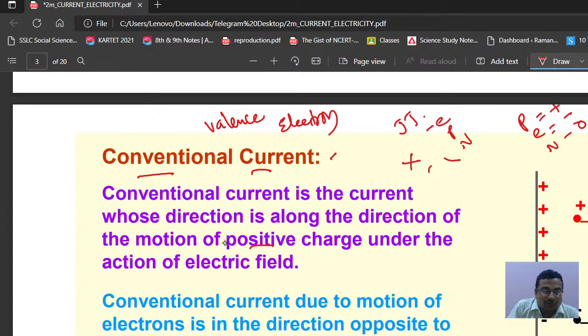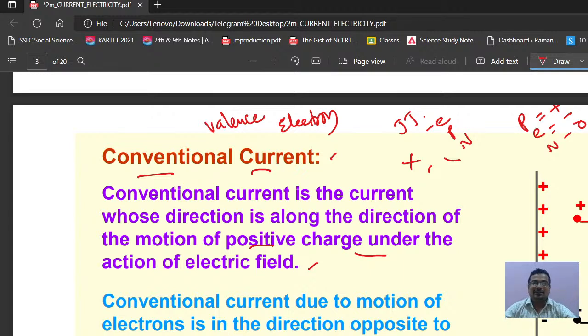The direction of motion of positive charge under the action of a field is considered as the direction of current. But electronic current flows from negative to positive. Conventional current flows from positive to negative. Both are opposite. If we take a cell, there is a charge there. If we take a battery, there is a charge there.